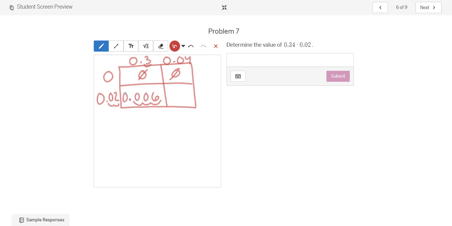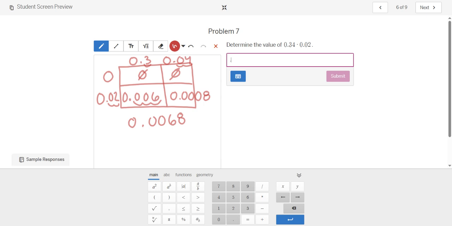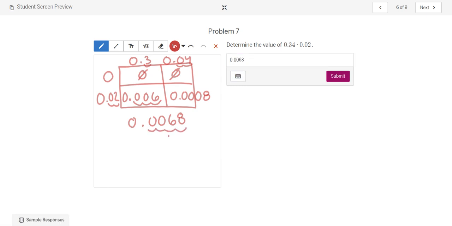And then, wow, I'm going to have 1, 2, 3, 4, so 0.0008. When I add those together, I've got 0.006 plus 8 ten-thousandths. I get 68 ten-thousandths, 0.0068. Oops, well, I could have put a 0 there. It doesn't matter, same thing. And because there were 4 decimal places in the question, I had to have 4 in the answer. Next.